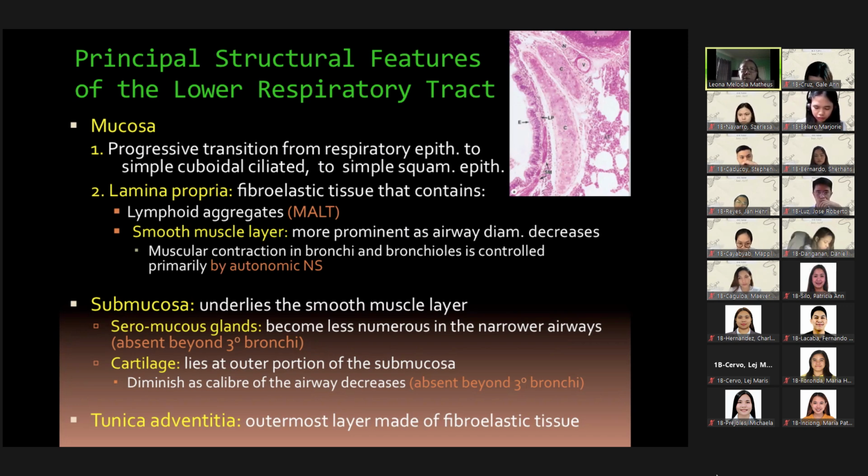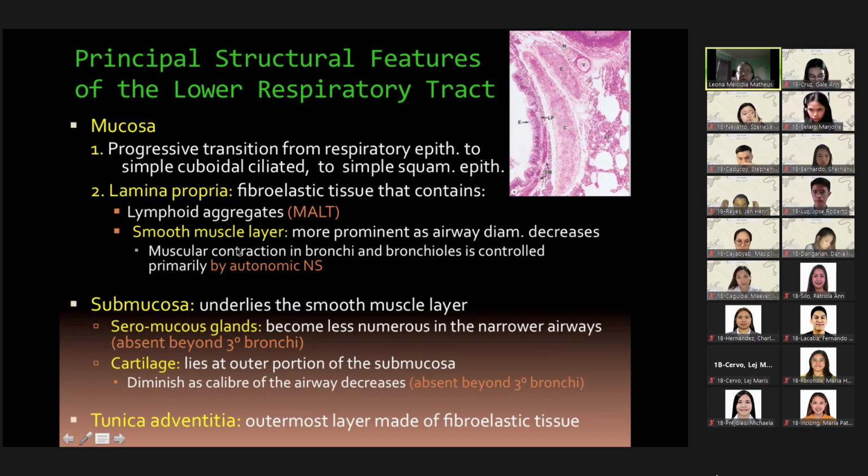Lamina propria is made up of fibroelastic tissue where you may find lymphoid aggregates, your MALT, if you remember, mucosa-associated lymphoid tissue. What else do we find in lamina propria? There is also smooth muscle. So these are the two things that you will find in the lamina propria: lymphoid tissue and smooth muscle.